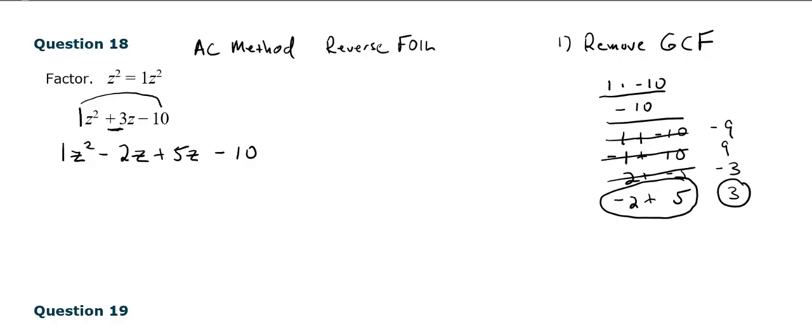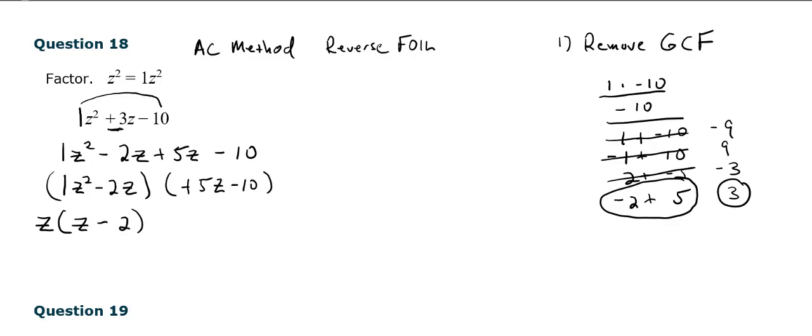So what we did before when we had 4 terms is factor by grouping. So I'm going to group the first 2 together and the last 2 together and do the exact same thing that I did before. In the first group, the greatest common factor is a z. So when I take out a z, that leaves me z minus 2.